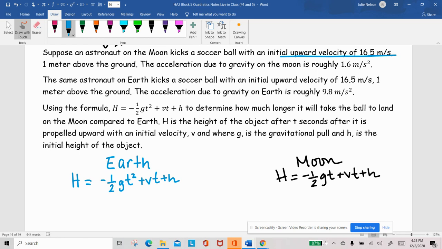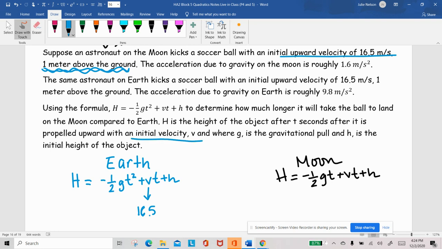Okay, so initial velocity. Well, initial velocity is v. So I'm going to replace the v with 16.5. And then it says 1 meter above the ground. Okay, so what is this 1 meter above the ground? Where does that go?